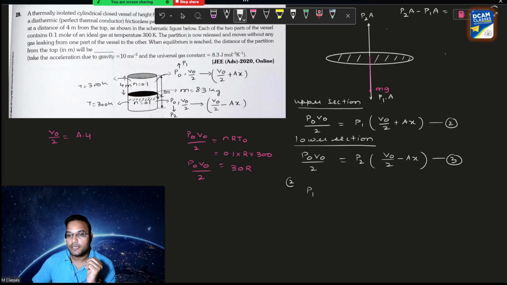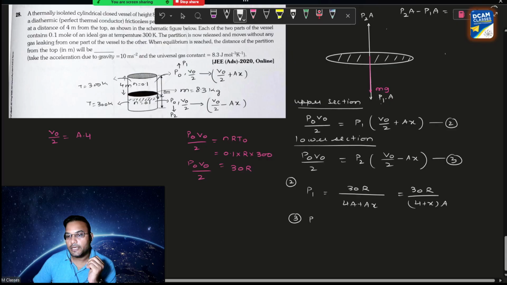From the second, P1 is equal to 30R by (4 plus x) into A. From 3, similarly I can write P2 is equal to 30R by (4 minus x) into A.